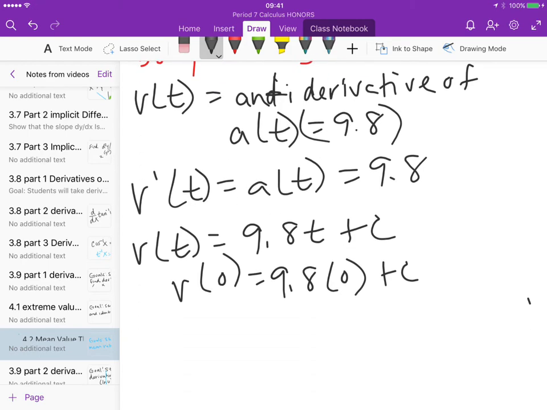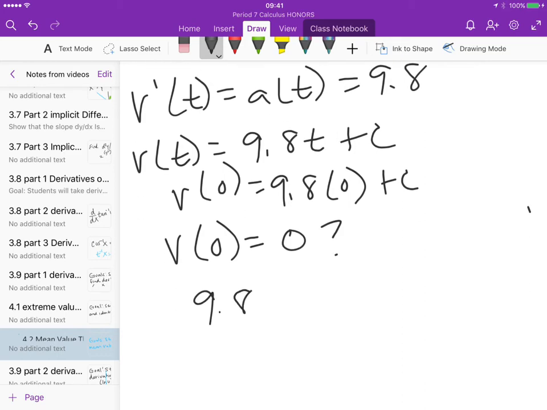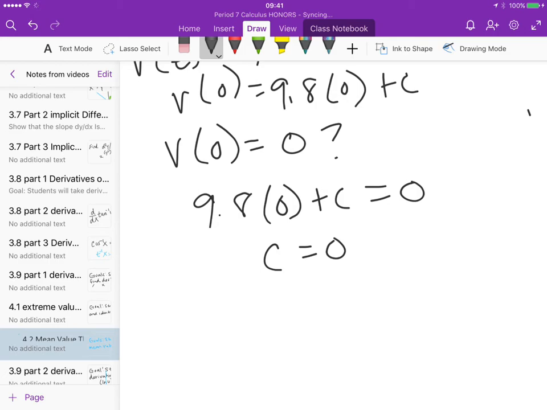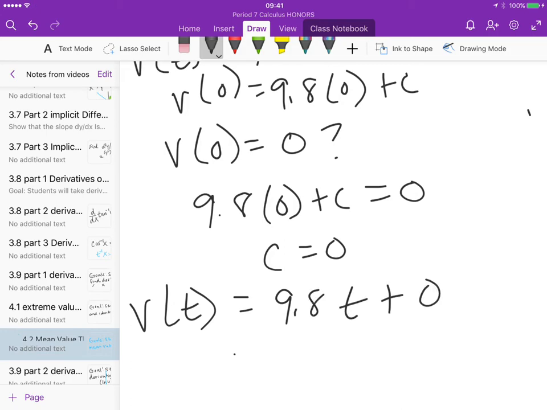Since it's coming from rest, the velocity when it's resting is 0. So I need to figure out what c is when velocity is 0. I take 9.8 times 0 plus c and set it equal to 0, so c is 0 in this case. Since c is 0, the full velocity equation is 9.8t plus 0, which is just 9.8t. So that is our velocity.